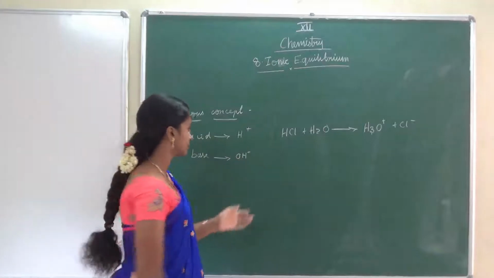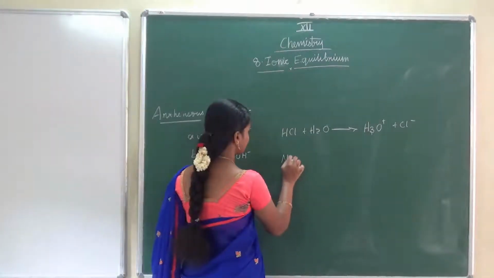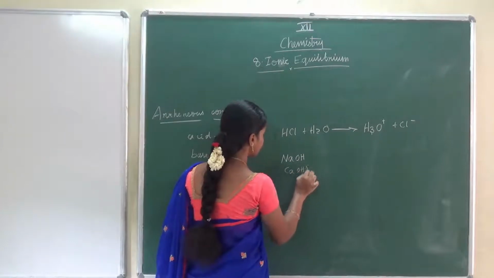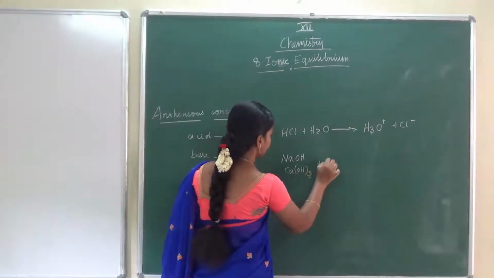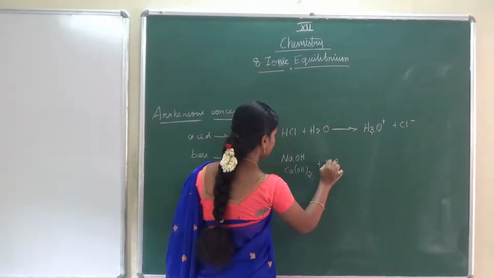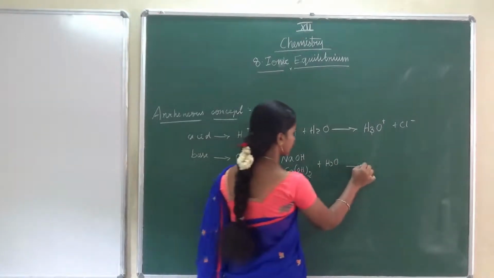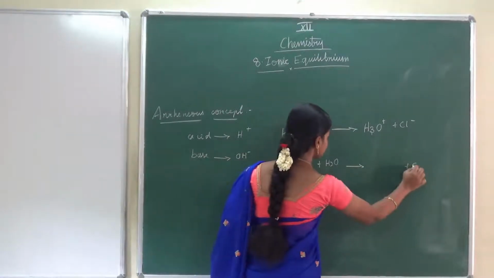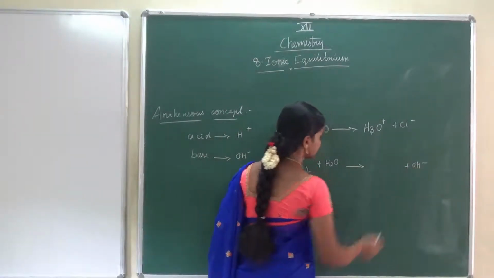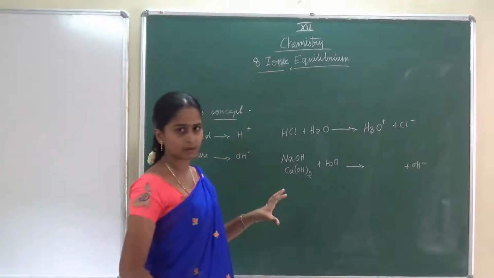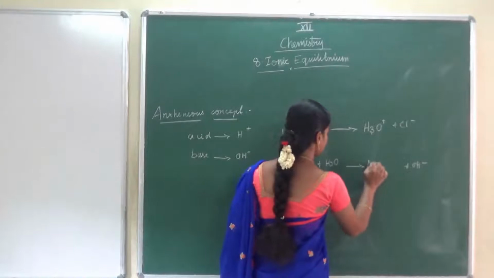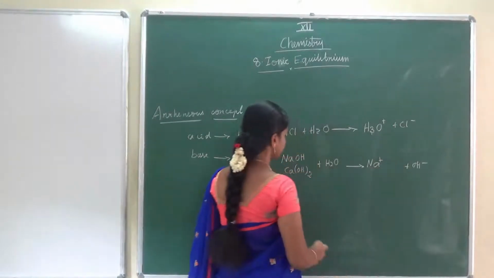In aqueous solution, when I take sodium hydroxide or calcium hydroxide, whatever base it may be, when I dissolve it in water, it releases OH minus. When a compound releases OH minus, it is called a base. So NaOH gives Na plus and OH minus.